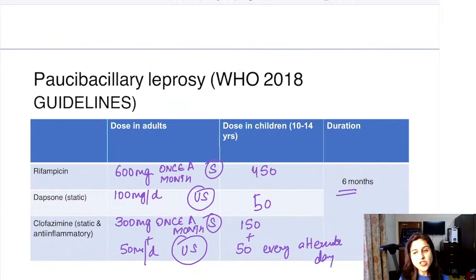So this is the regimen in children: 450, 50 and 150, plus 50. Now in this case, dapsone is a static drug, clofazimine is also a static drug, so the only cidal drug here is rifampicin. Rifampicin is the most potent drug in leprosy, the cidal drug out of these three.